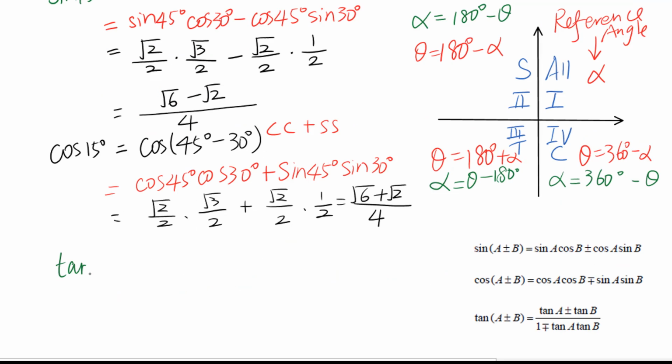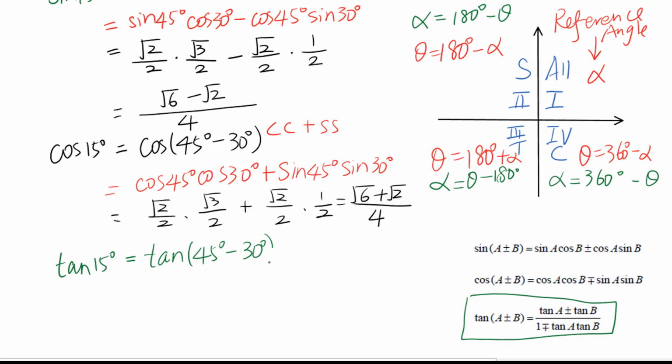For tangent 15 degrees, you can use sine over cosine to figure out, or you can use this formula. Let me show you how to use this formula. That is tangent of 45 degrees minus 30 degrees.